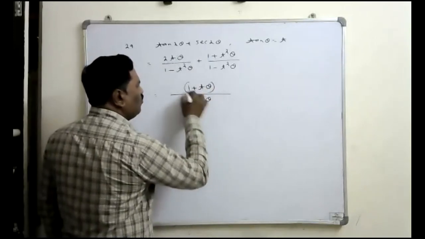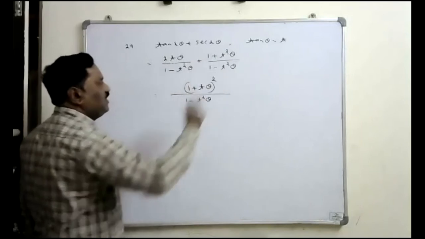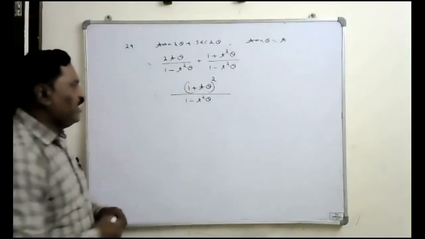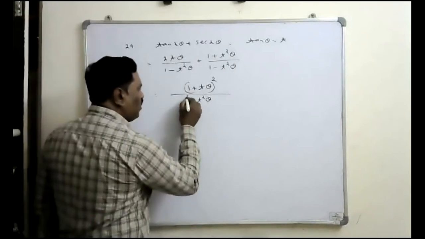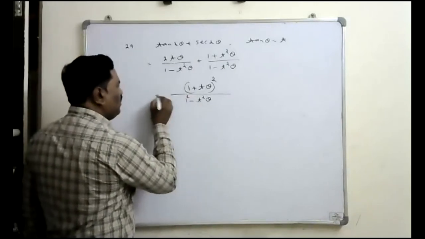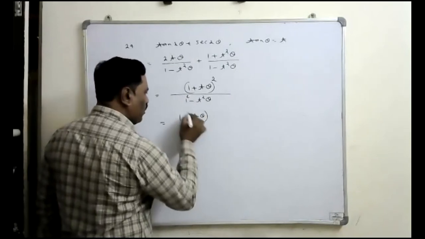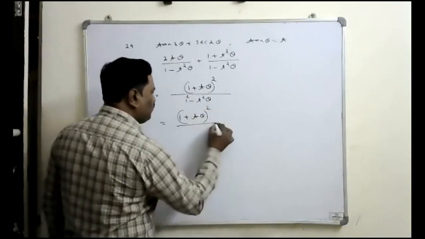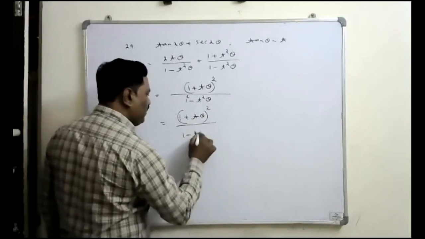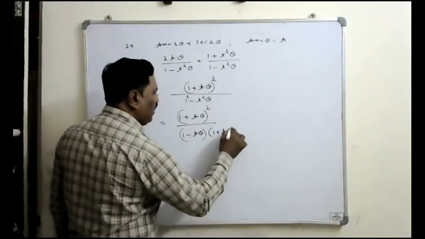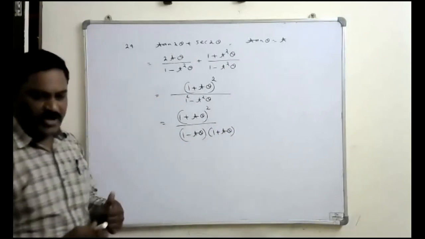That is the a plus b whole square expansion format in the numerator. So that is great, 1 plus tan theta whole square, and the denominator is 1 square minus tan square theta, that is a square minus b square. You can write it as a minus b into a plus b.